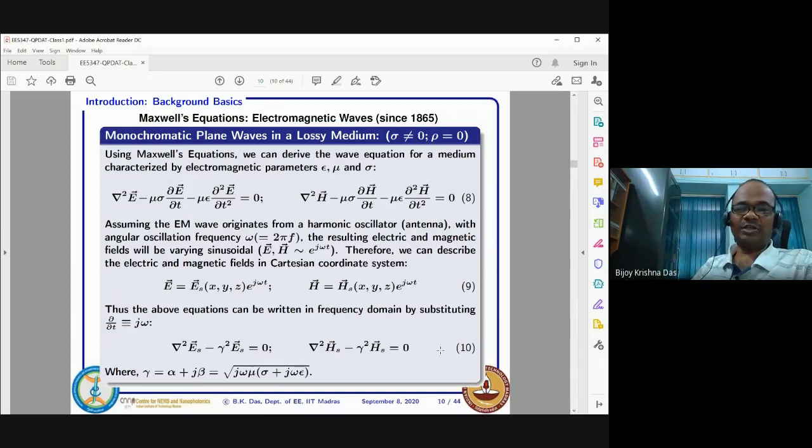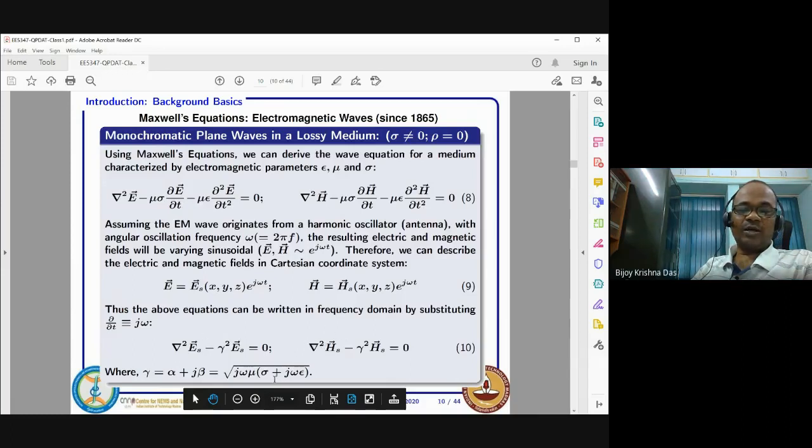You can try it yourself. If you put this in, you can write it in this form with the consideration of gamma. We define a new parameter here, gamma equal to something like alpha plus j beta. Actually gamma you have to replace for this term. So once you put del t equal to j omega here and del t square equal to minus omega square, and then introduce this one as gamma, the equation comes like this.